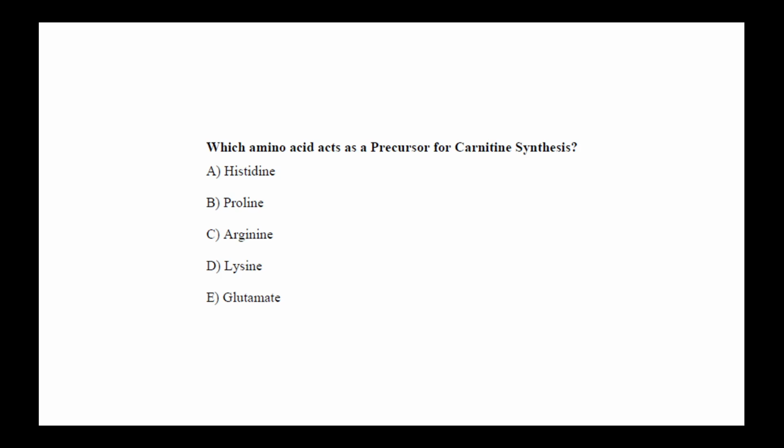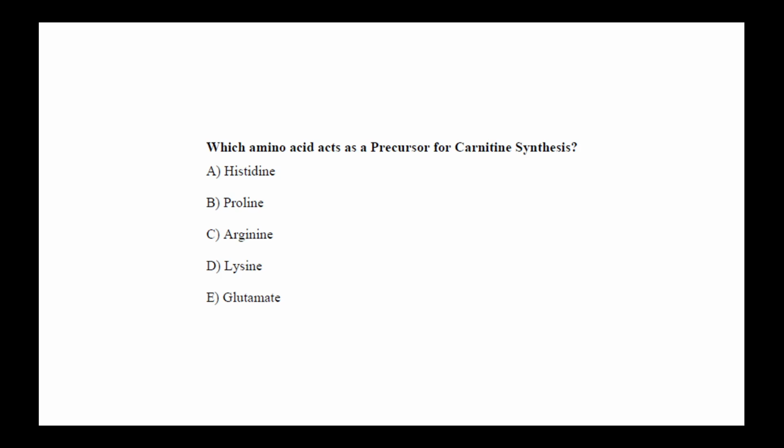Which amino acid acts as a precursor for carnitine synthesis? Option A, histidine. Option B, proline.